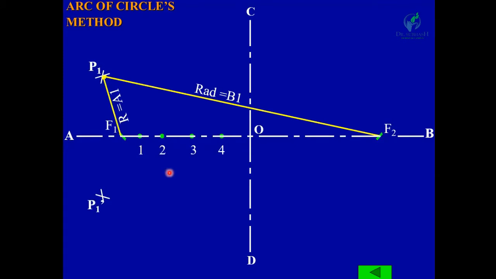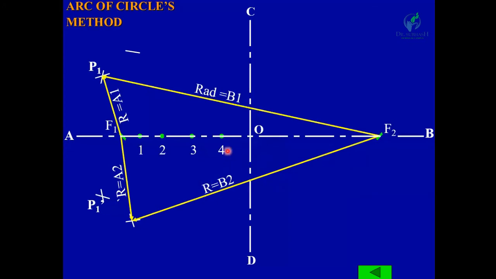Similarly, with center F1 and radius equal to A2, draw arcs on both sides. Now with center F2 and radius B2, draw arcs and get the intersection points P2 and P2 dash.